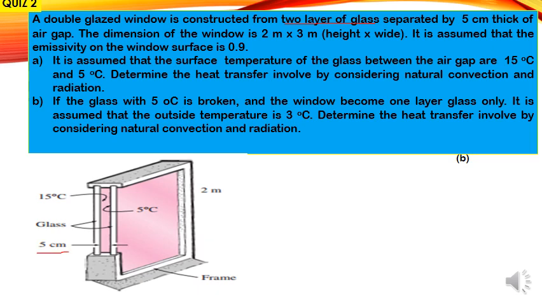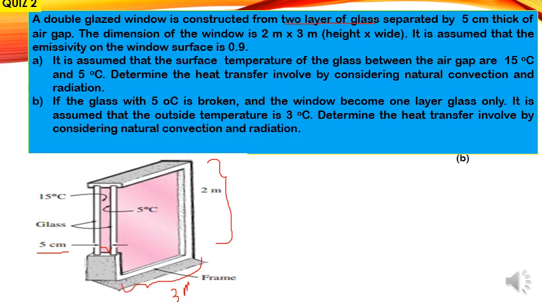So there's a gap between the first and the second layer, which is 5 cm. And the dimensions are given: the height of the window is 2 meters and the width is 3 meters. So this is the white area.